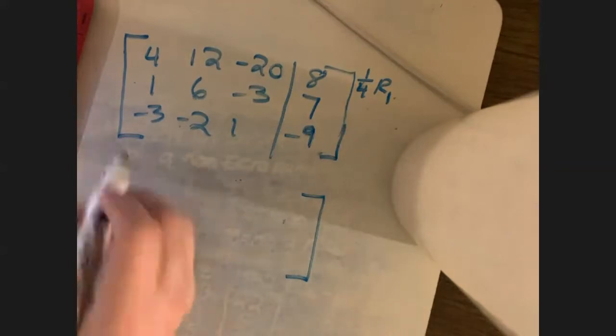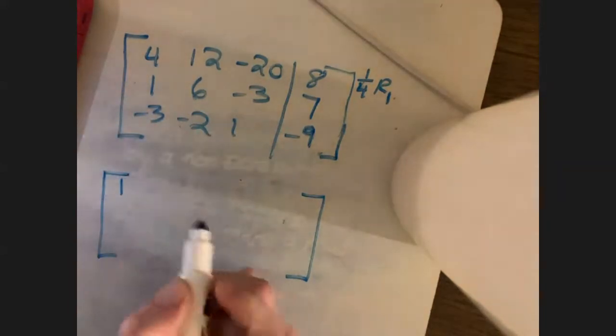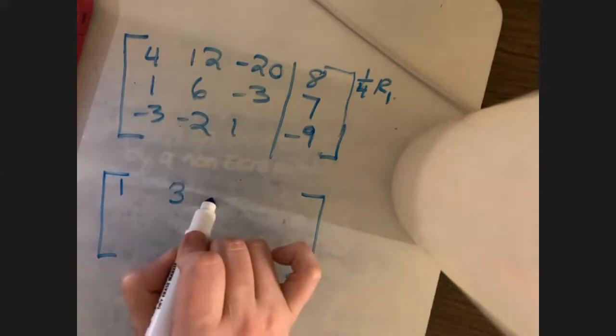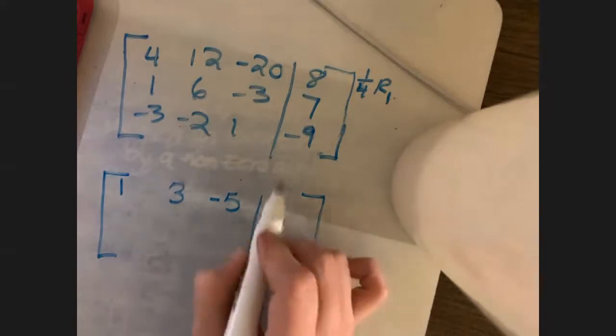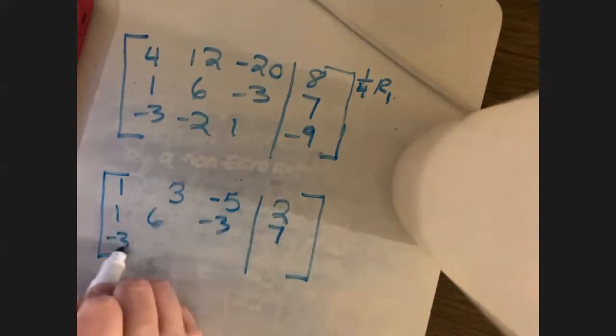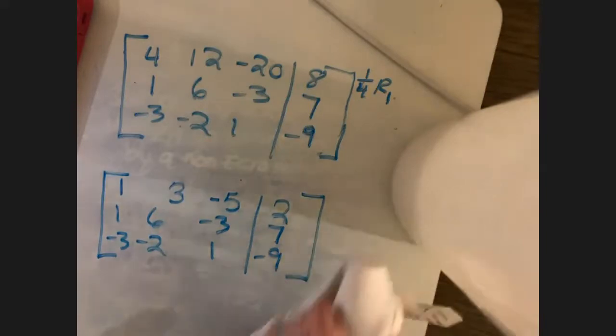Generally, we see that note. So 4 divided by 4 is 1. 12 divided by 4 is 3. -20 divided by 4 is -5. 8 divided by 4 is 2. The other 2 lines stay exactly the same. Okay, so we're cool with that part.